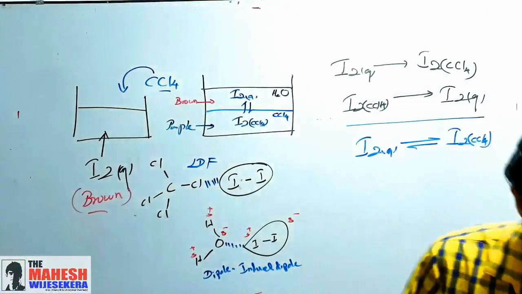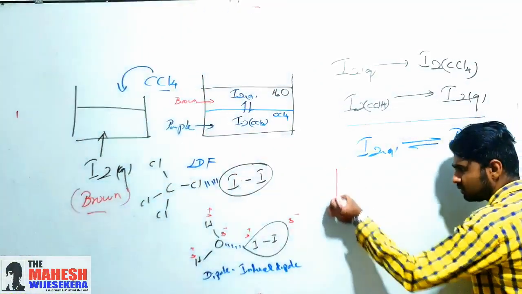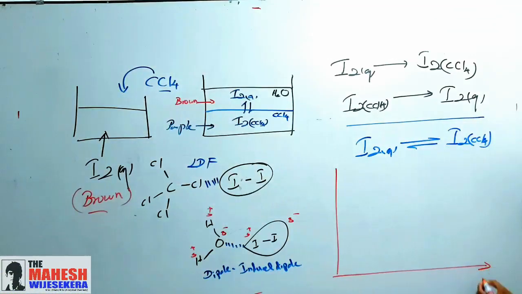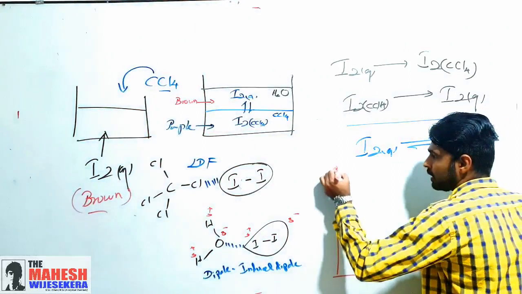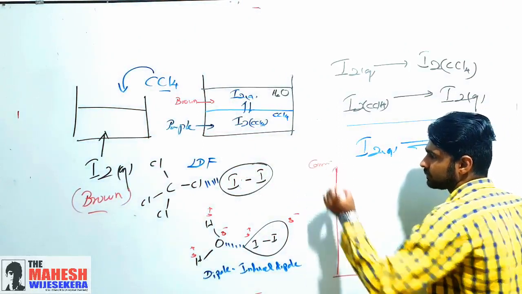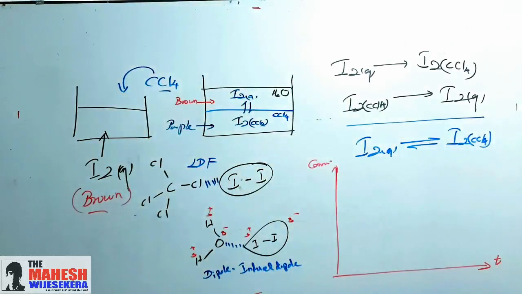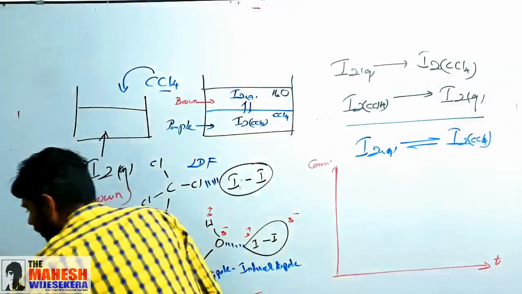Then if you just consider this, I'll draw a small graph here. This is time, this is concentration. Suppose the system reached the equilibrium at this point.